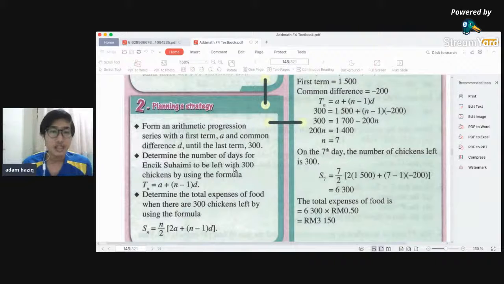After we find the total days, which is N, we need to determine the total expenses of food when there are 300 chickens left by using the formula Sn equals N over 2 times (2A plus (N minus 1) times D). Madam, that's all.